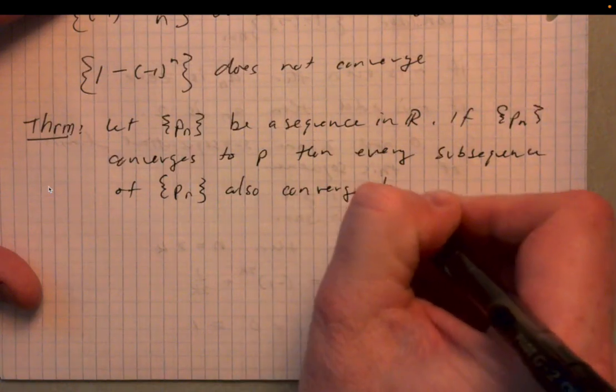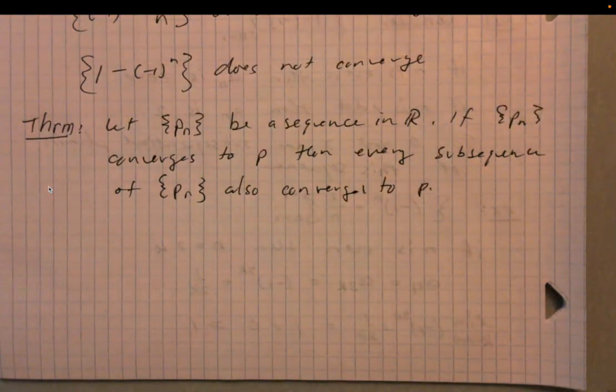So if you have a sequence that converges, automatically every subsequence converges, and automatically every subsequence converges to the same limit.